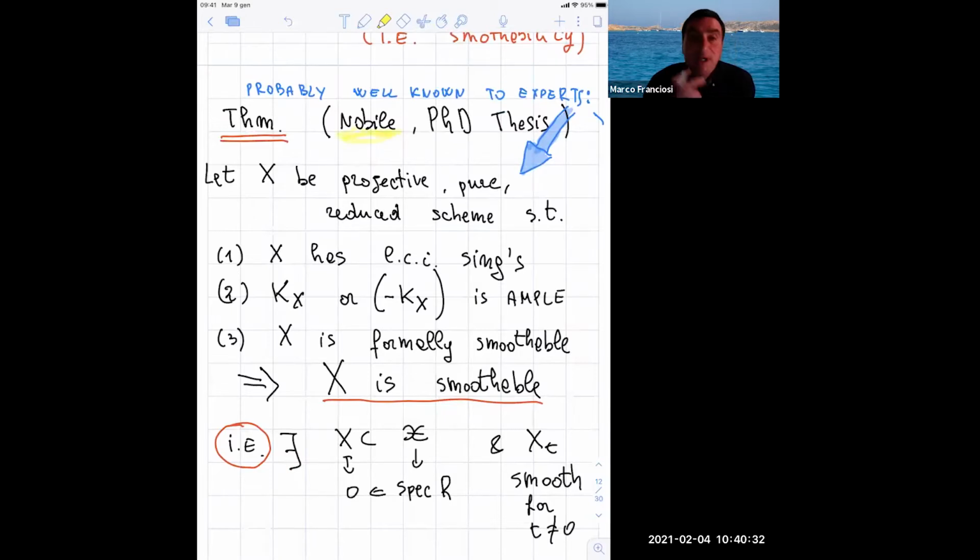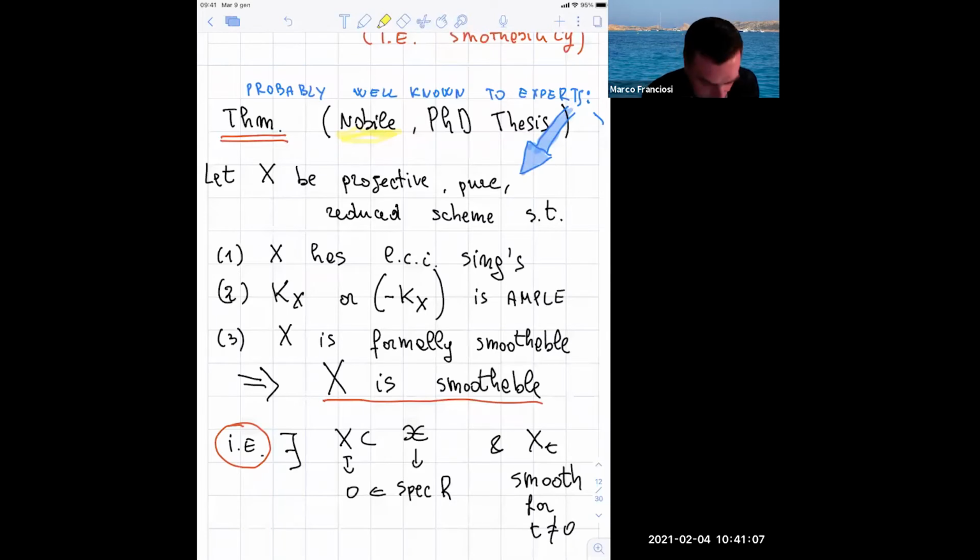Luckily, a student of Barbara Fantechi in his PhD thesis was able to find this result, which means that if we have a projective, pure, reduced scheme with locally complete intersection singularities and K_X or minus K_X ample, then being formally smoothable is the same as being smoothable.